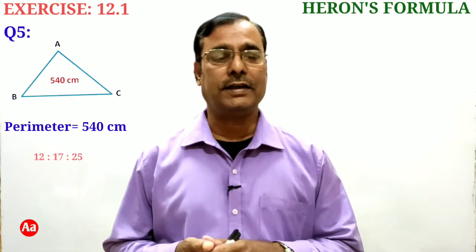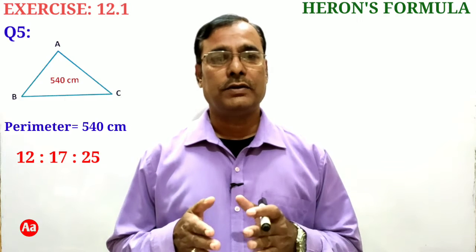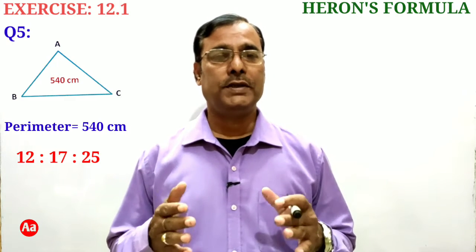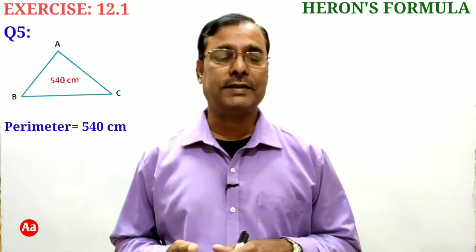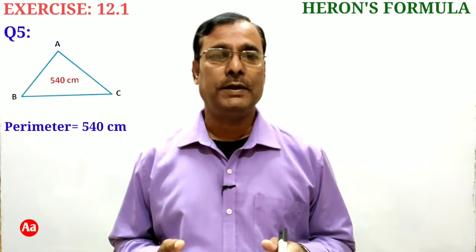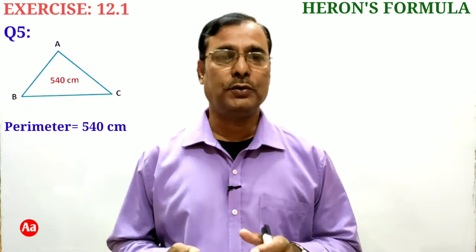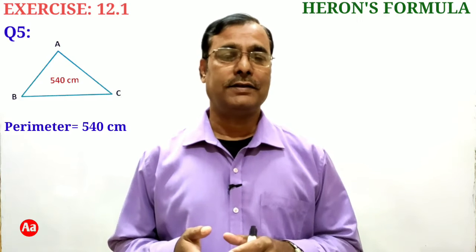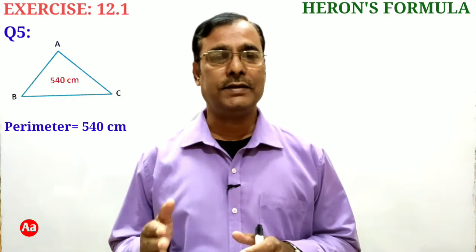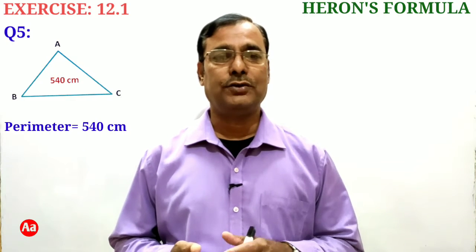As three sides are given in the ratio of 12:17:25, obviously the lengths of the three sides of this triangle are going to be multiples of 12, 17 and 25. So let us suppose that the three sides denoted by a, b and c be 12x, 17x and 25x.